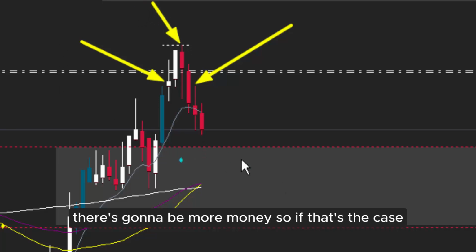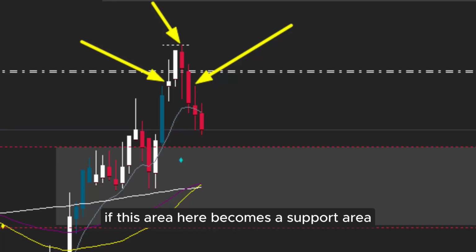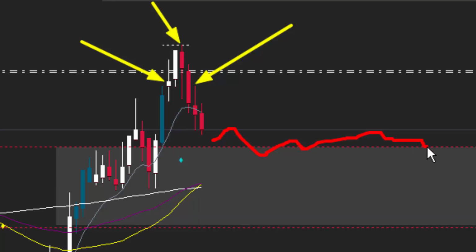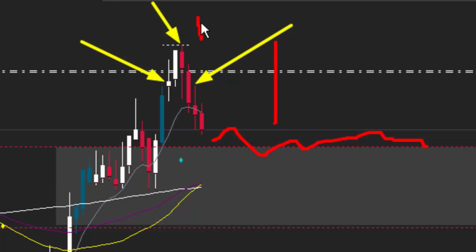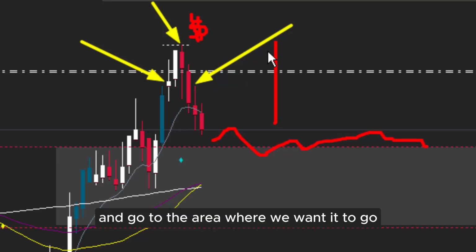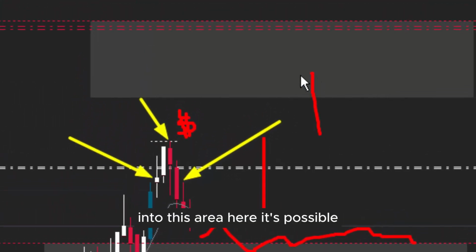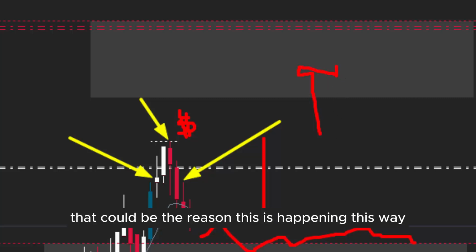So if this area here becomes a support area, then the price can go up, take their stops, and go to the area where we want it to go, into this area here. It's possible. That could be the reason this is happening this way.